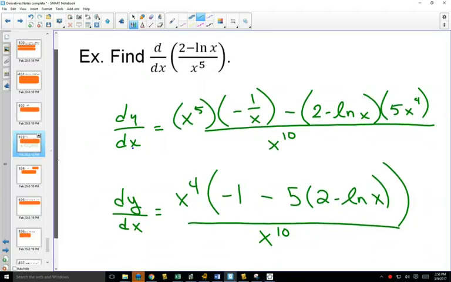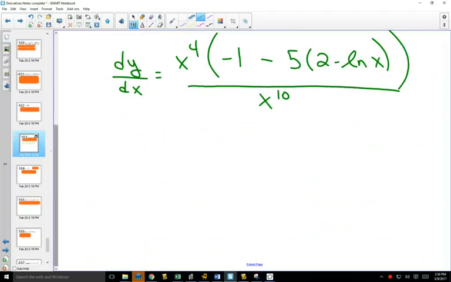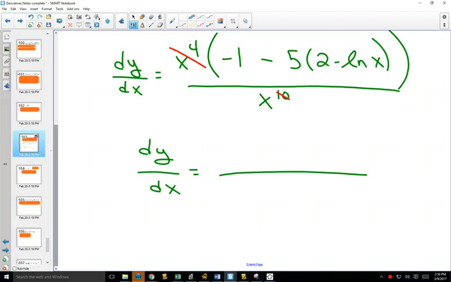Well, now that you've factored out that x to the 4, you can simplify, because that x to the 4 will cancel out with 4 of those, leaving you with x to the 6th on the bottom. And that's what your answer would look like when you check at the back of the book.